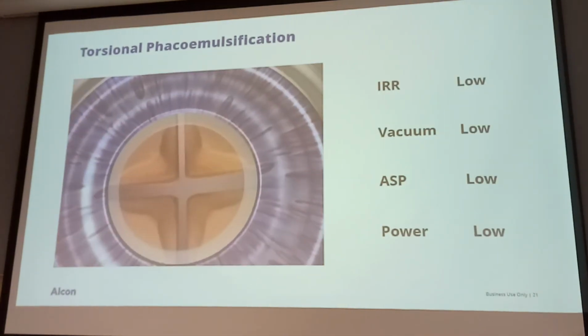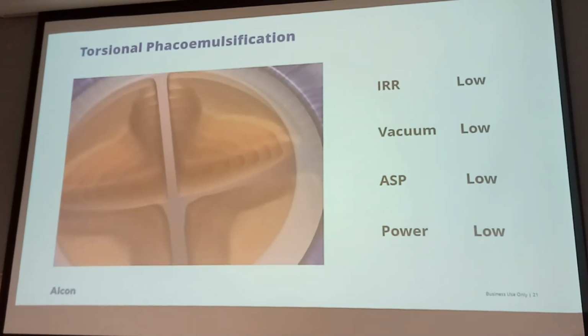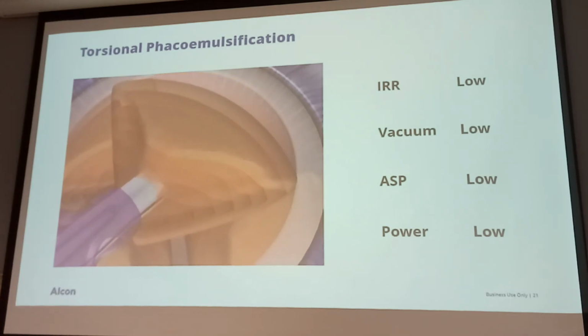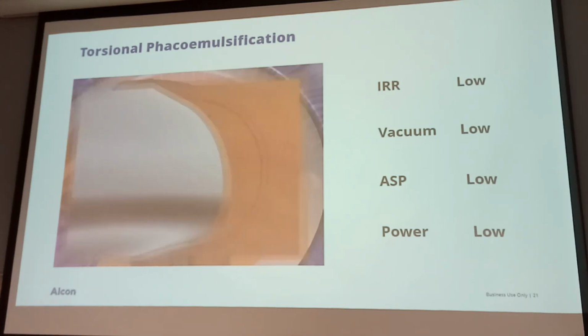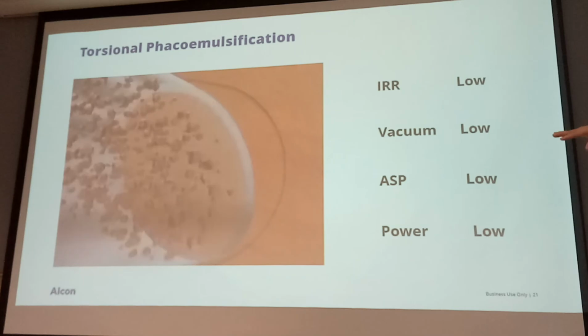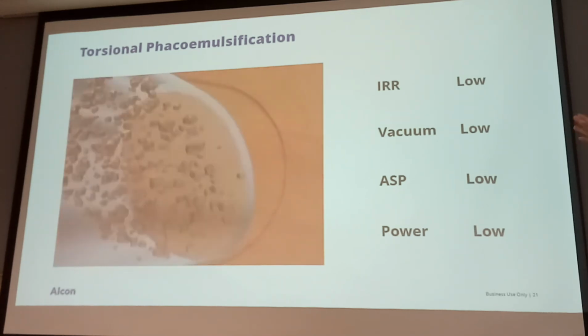So the torsional, how does torsional work? We hold the nucleus. This is the quadrant removal part. We hold the nucleus, and the phaco tip is not moving this way. It's moving this way, right?